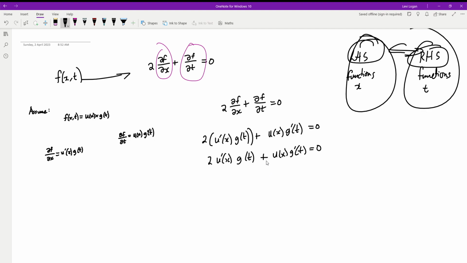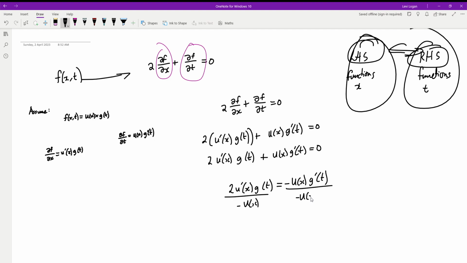So how are we going to do this? Well, first off, I'm just going to move this term here to the other side. So I'm just going to subtract both sides. So we're going to be left with 2u dash of x multiplied by g of t is equal to negative u of x multiplied by g prime of t. Okay? Now I'm going to divide both sides by negative u of x.